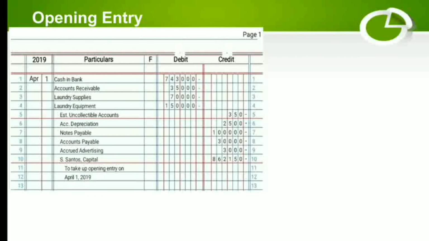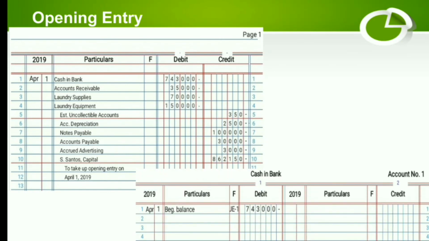Okay, so this opening entry will then be posted to its affected ledger accounts. For example, we have here the new ledger for the cash in bank account. So, this is, again, a new ledger for cash in bank. We have here, on the debit side, the beginning balance of the cash in bank, which is 743,000 pesos.